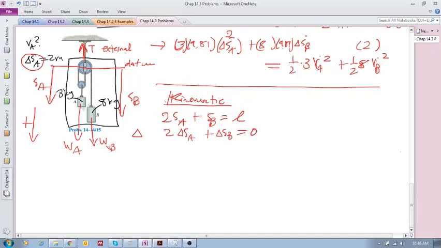The total length doesn't change, but if I perturb it, I ask what is the change in SA and SB. In a sense it's the derivative, but I'm not really taking this with respect to time. So then delta SB is the negative of 2 times delta SA.